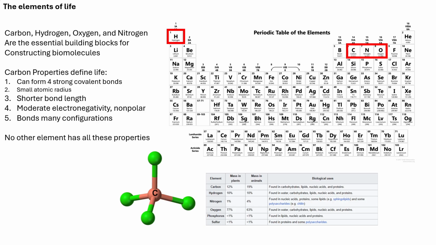So I make a big deal about carbon because in popular culture there is some emphasis on silicon based life forms. And to put to rest some of the thoughts about silicon based life forms, silicon, although it's very similar to carbon, can bond in a tetrahedral arrangement and is in the same family as carbon.